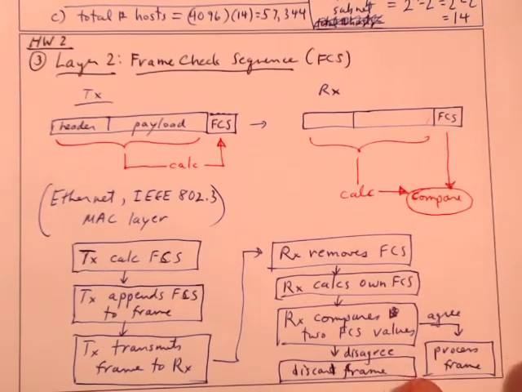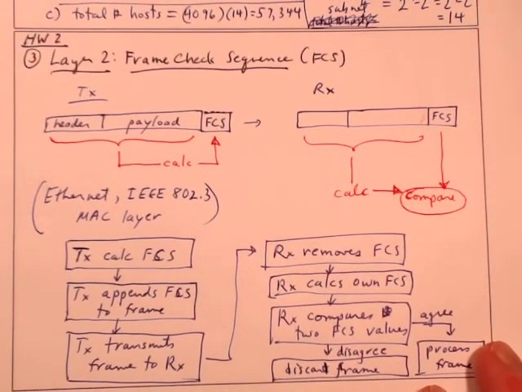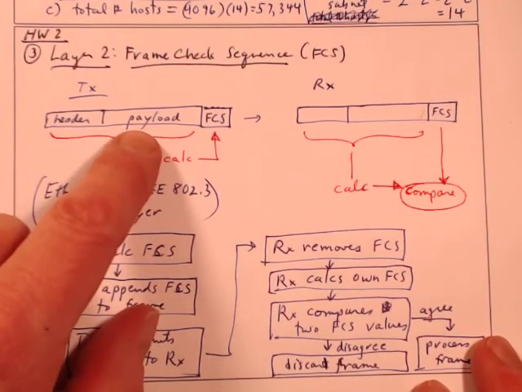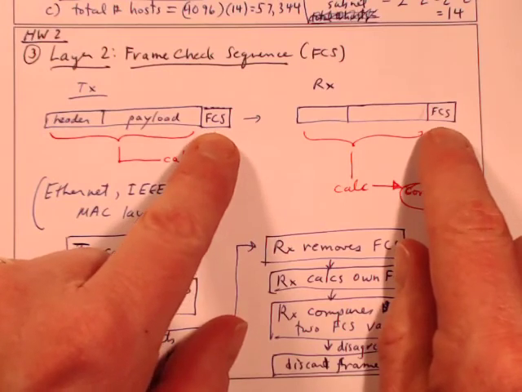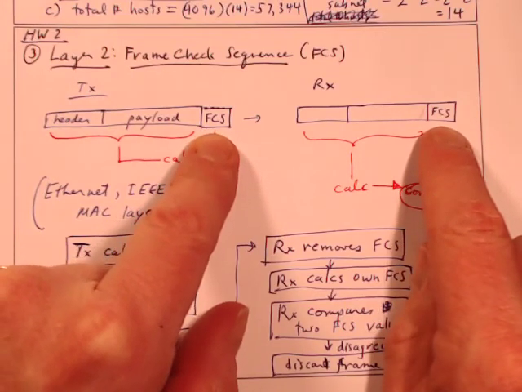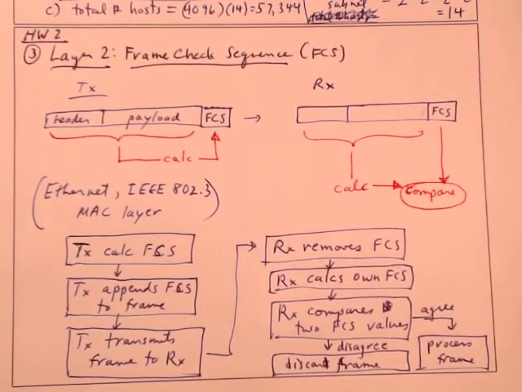In fact, if they don't agree, then yes, the frame was in error. It's possible for the frame to be errored and for the frame check sequences to agree. Okay, but it is very unlikely that that's going to happen. So that's the idea there. Basic error checking.